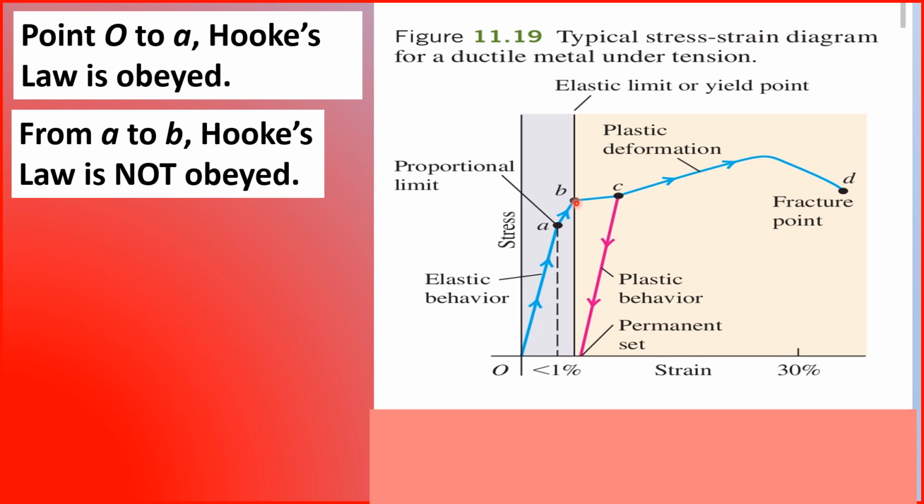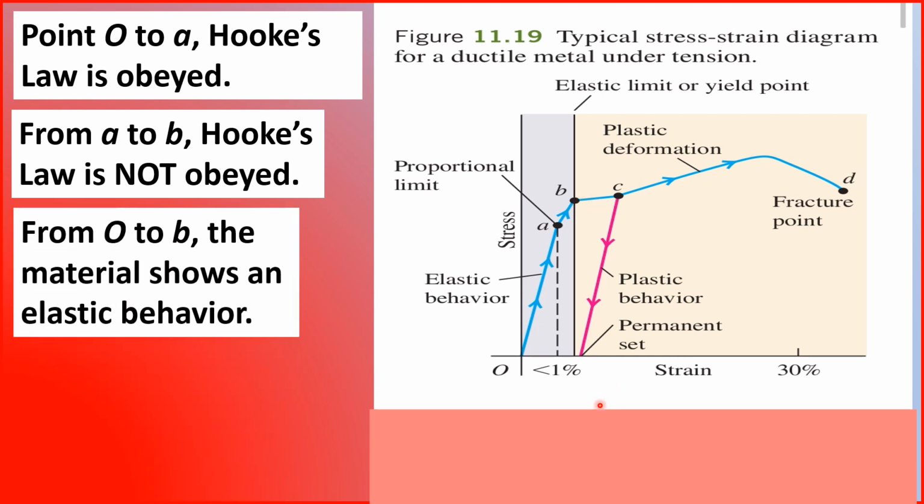Now, what happens when the amount of tensile stress is exceeded beyond that elastic limit? What happens is the behavior of the material definitely does not behave as if Hooke's law is still followed. From point O to point B, we say that the material still shows an elastic behavior.